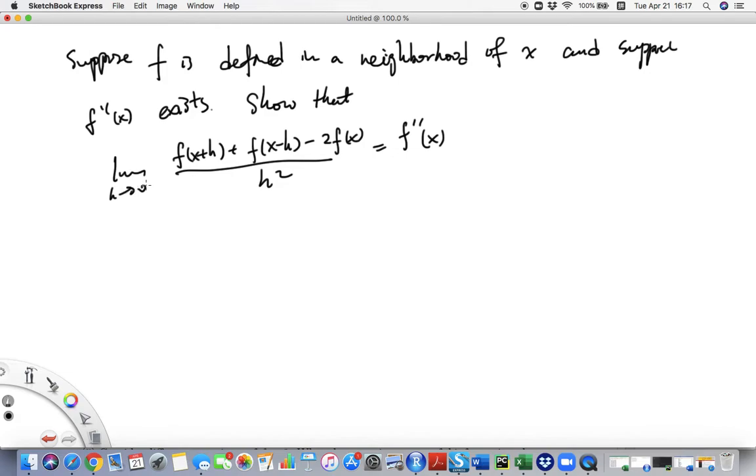Okay, so as h goes to 0, by the continuity, you know the denominator is going to 0. So is the numerator, they both go to 0. Okay, so essentially that's a 0 over 0 problem. Okay, so what do we do then if we have 0 over 0? Well, we use L'Hopital.